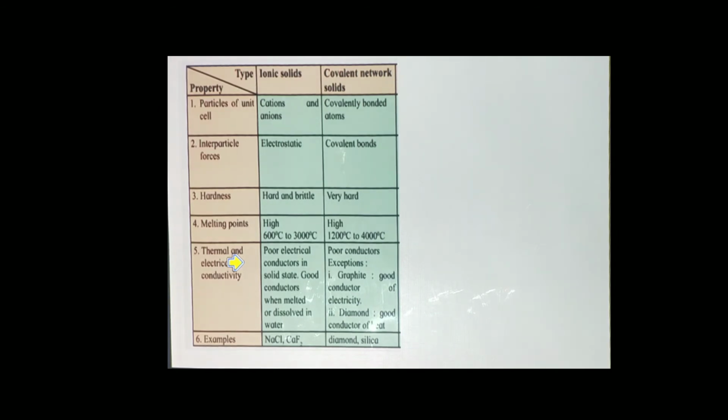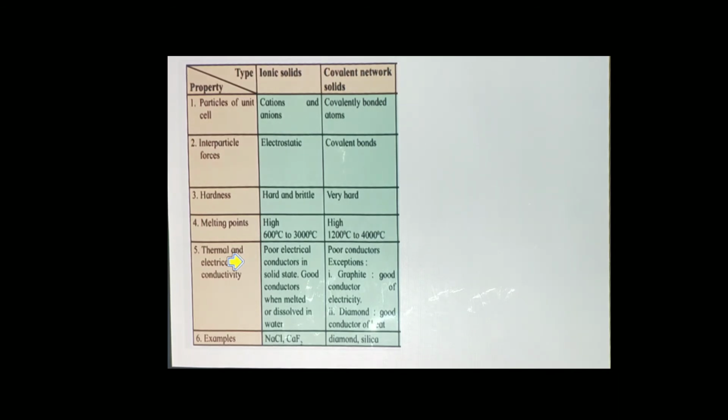There are some exceptions for the electrical conductivity. For example, graphite is a good conductor of electricity, though it is a covalent network solid. In case of graphite, which we already studied in 11th science, the hybridization is sp2, which possesses multiple bonds.